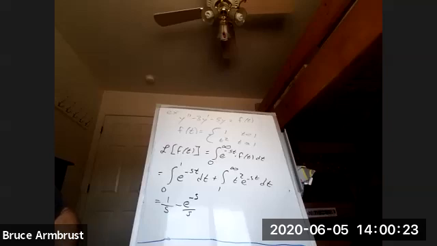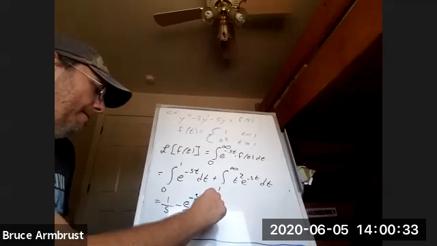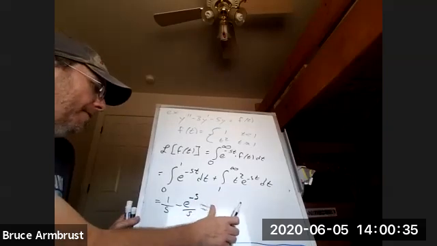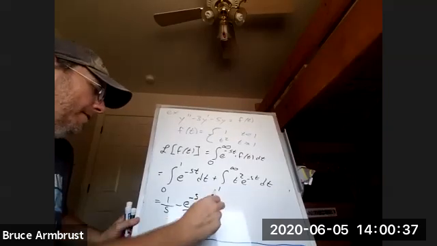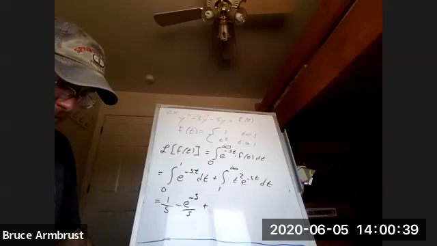Ooh, my T89 didn't like that. It says it's undefined, but I know it's not. So let's be smarter than the T89. We'll just get the form, and then we'll plug in the 1 and the infinity.